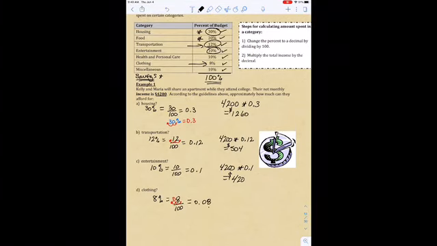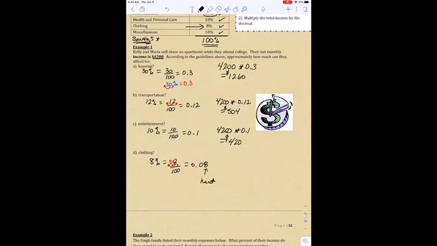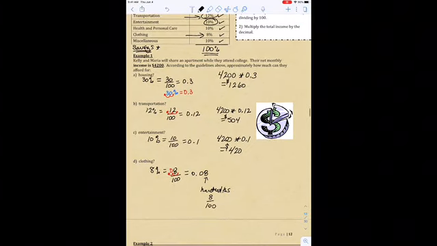0.08. And in fact, that decimal place, that's the hundredths spot in our place value. So that means, in fact, 8 hundredths, right? And as a decimal, so we get 4,200 times 8%, and as a decimal, that's 0.08.